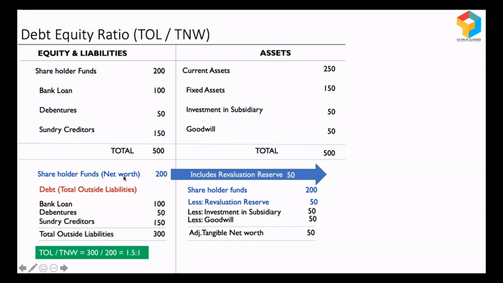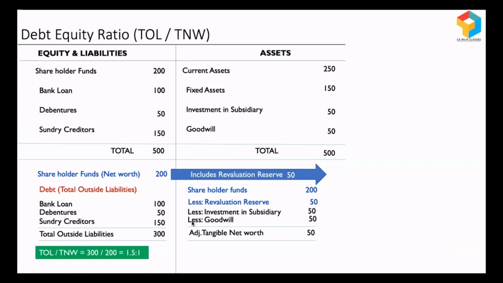We started with net worth, right? And this net worth figure, when it is adjusted for revaluation reserve and goodwill, we call it as tangible net worth. Because these two items, this revaluation reserve and goodwill, are almost intangible. Okay, goodwill is absolutely intangible, revaluation reserve is only a book entry.